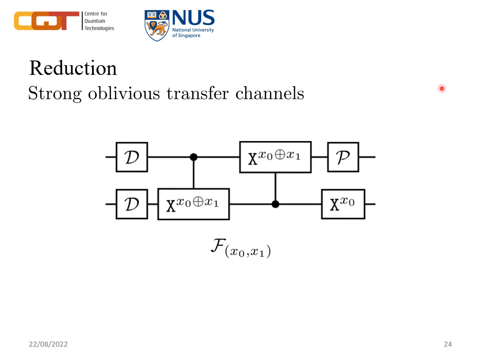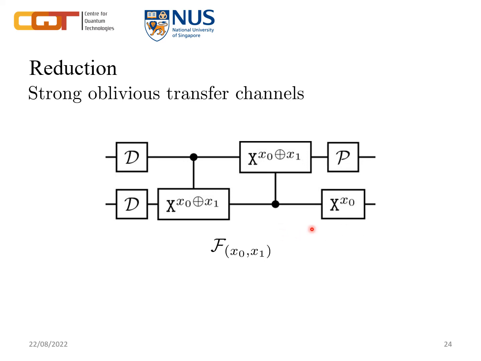In order to perform the reduction, we define a set of quantum channels. We call them the strong oblivious transfer channels, F_{x0,x1}. We first apply two completely dephasing channels, denoted by D, on two qubits, and then apply two CNOT gates if x0 does not equal x1, and these two CNOT gates equal a swap gate.